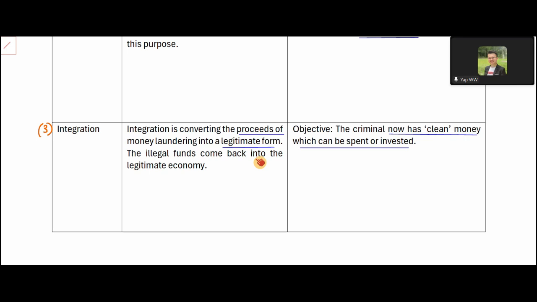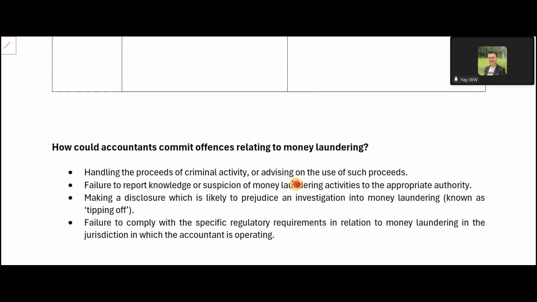People will use the money to spend it. They will buy luxury products. They will use it for investment, maybe in properties, maybe in shares. They will just use it and keep it in the form of an asset. They won't keep it as cash because the original source is still dirty money. Yeah, very easy to get caught.